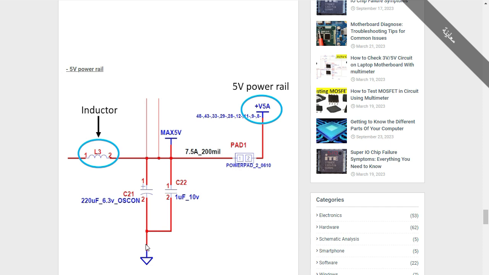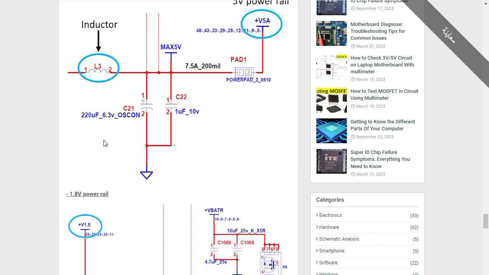The cause of this short circuit could be this capacitor or this capacitor, because these two capacitors are connected to the ground. And of course, it could also be the IC, the integrated circuit, because on this side we have the IC, and of course many MOSFETs. We're going to see all these details in the next parts.